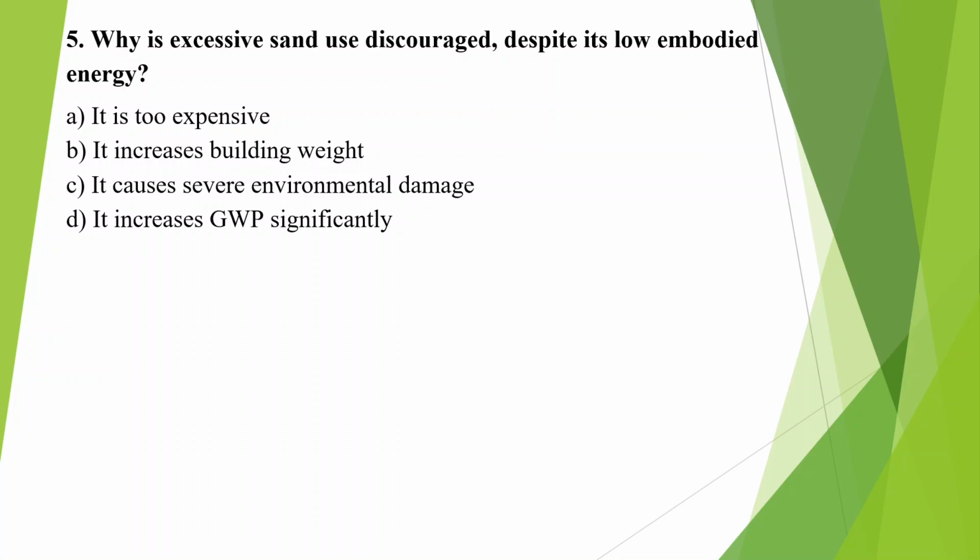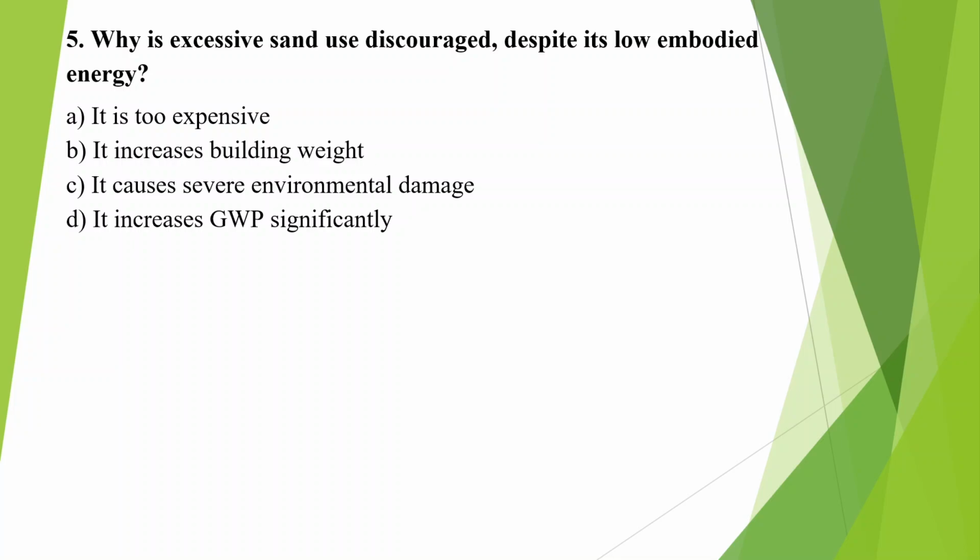So it is not because of increasing weight or being too expensive or global warming. It is mainly because if you are over exploiting some resource, excessively utilizing sand, that can cause severe environmental damage. That is a very important concern for today. So option C has been marked by Celine and it is the correct answer for question number 5.